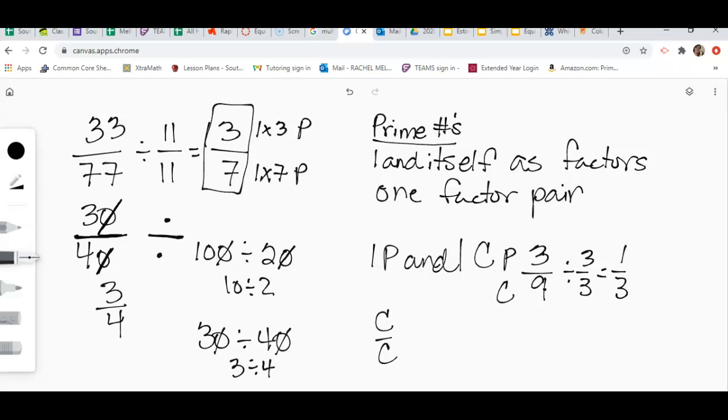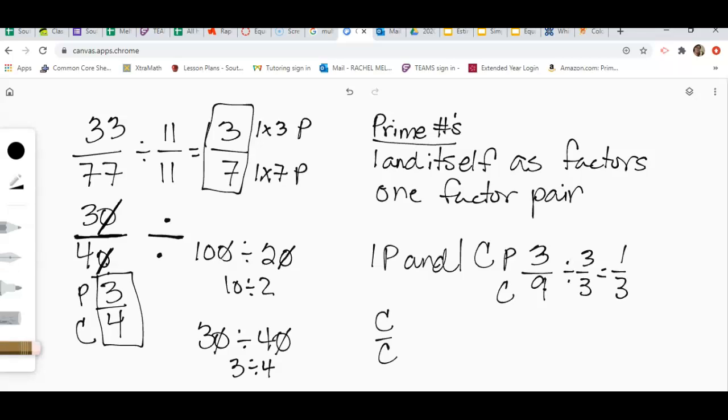Can I simplify 3/4 anymore? Well, 3 is prime, and 4 is composite. If I have a prime and a composite, I look to see, does 3 go evenly into 4? No, it does not. So 3/4 is simplest form. So look for those zeros to see if you can match them up and get rid of them.